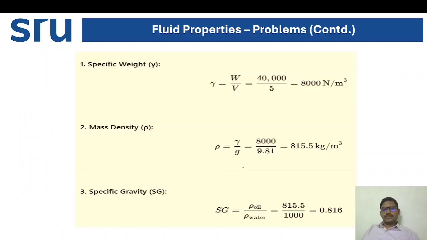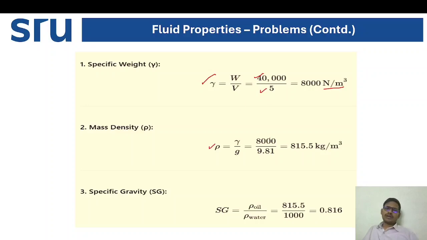So now we will see it once again in a good way, because some people might not understand my writing. Specific weight gamma equal to W by V, which is 40,000 by 5, equal to 8000 Newton per meter cube, because weight is in newtons and volume is in meter cube.